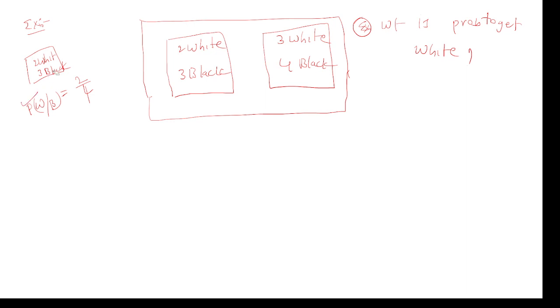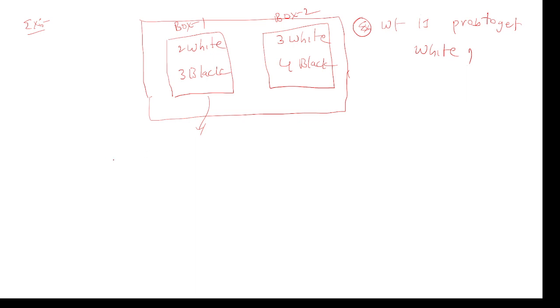So we can calculate like this for a single box. Coming to two boxes, in that case we need to find the white ball probability of box 1 and the white ball probability of box 2. So we need to find the probabilities for two boxes.